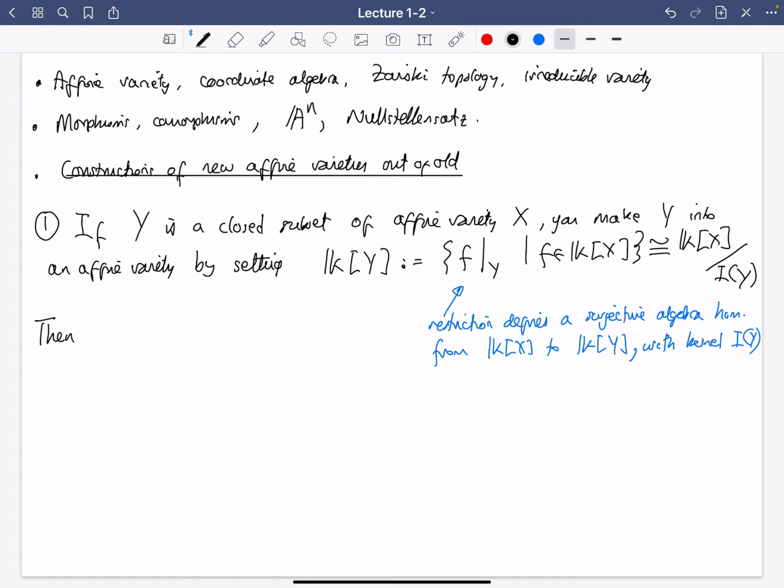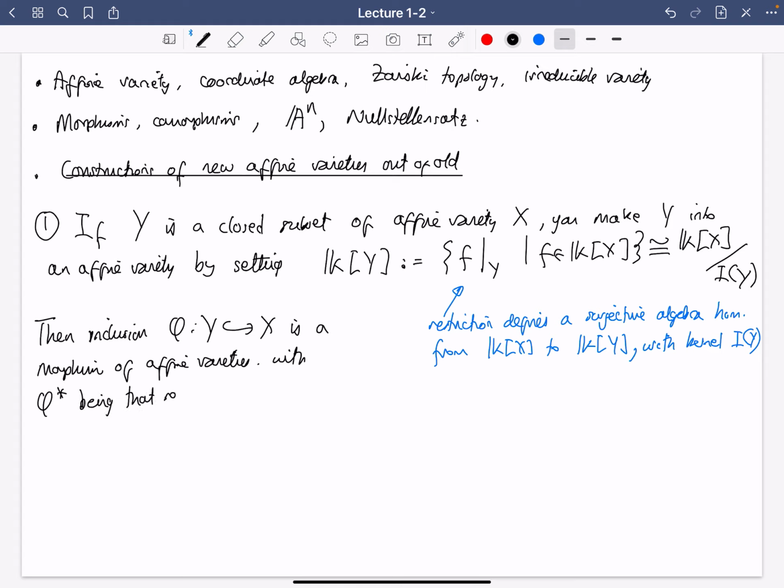So then after having made that definition, the inclusion of Y as a subset of X is actually a morphism of varieties, with phi star, the comorphism, being that restriction homomorphism that we just discussed.